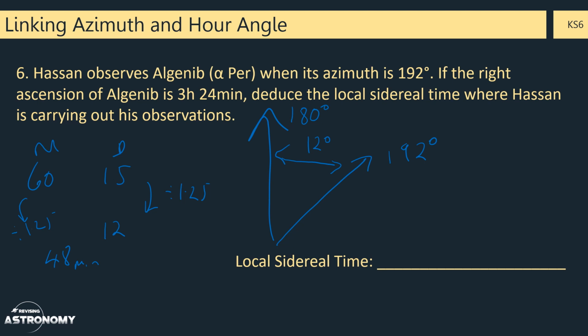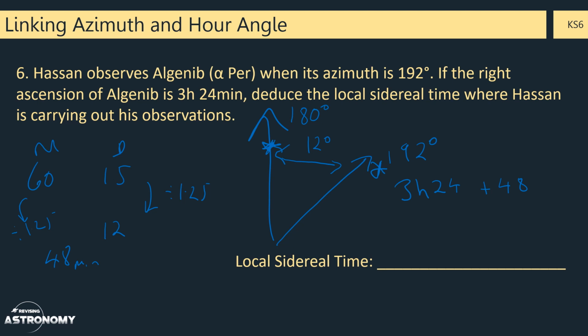Now we know that the right ascension of Algenib is 3 hours 24 minutes, and that star is here. So we want to know what the right ascension is, therefore, of a star that would be on our meridian. So we know it will be 48 minutes later than Algenib, because that's our difference. So we're going to add 48 minutes onto 3 hours and 24.